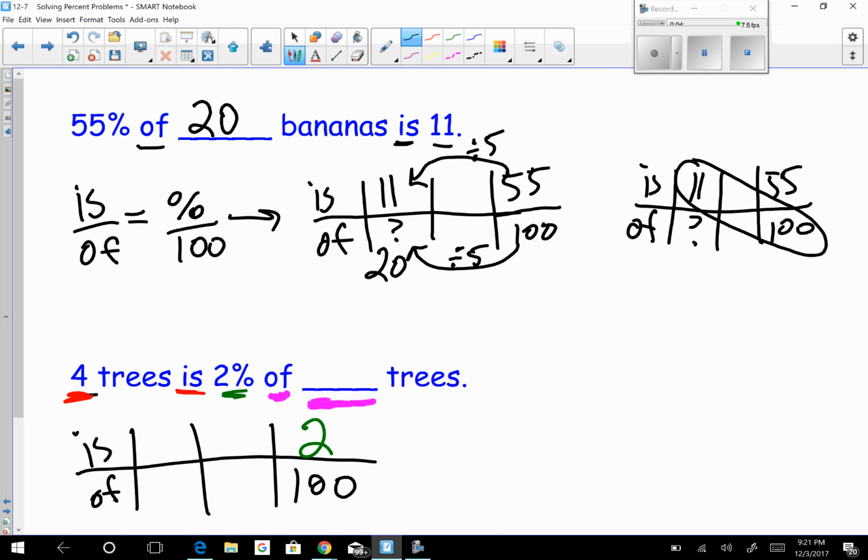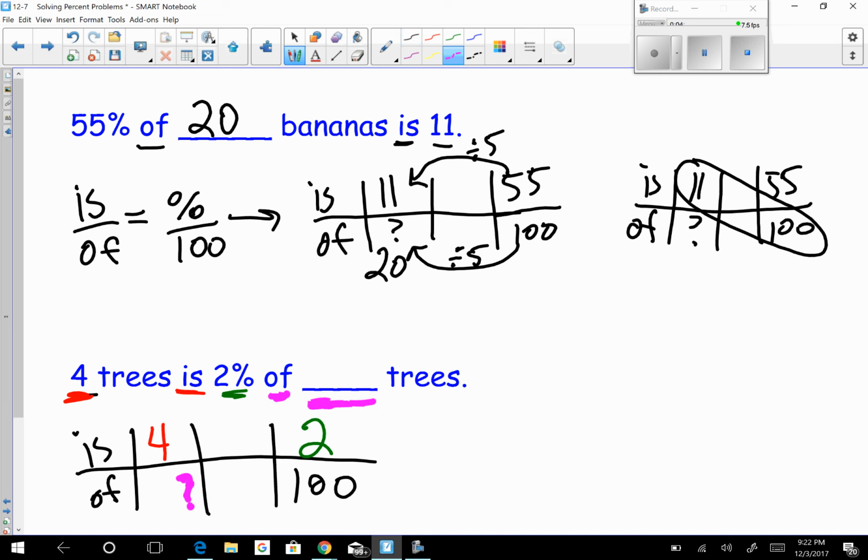So we have 2%, and our is, the word is was associated with the number 4. So 4 trees is 2% of, we don't know how many. Yeah, here we go. We don't know how many trees. And so now we're going to figure that out.